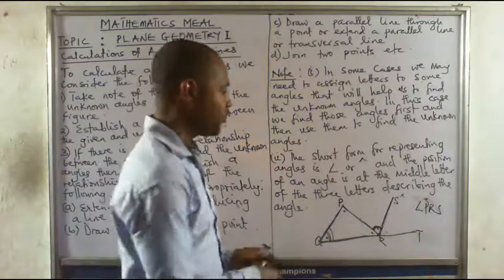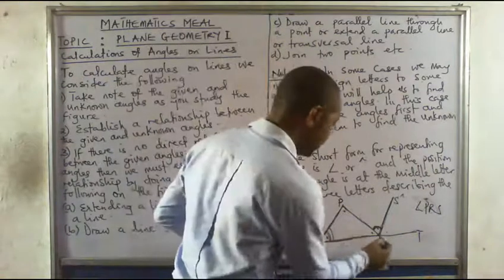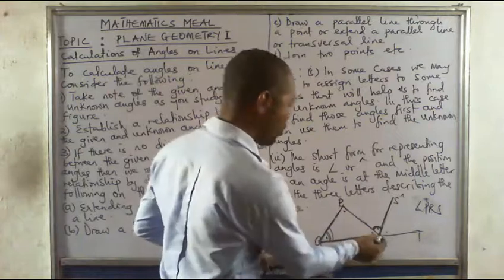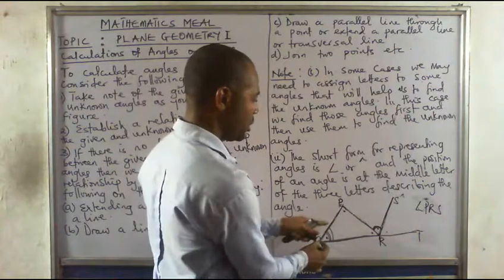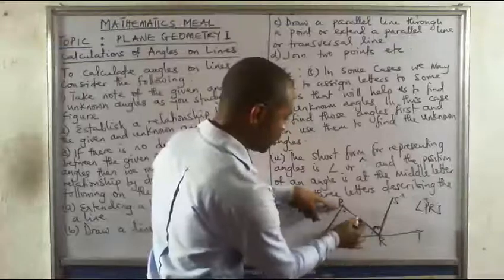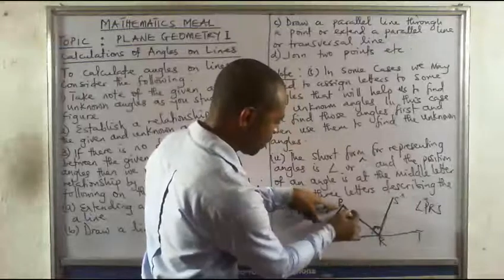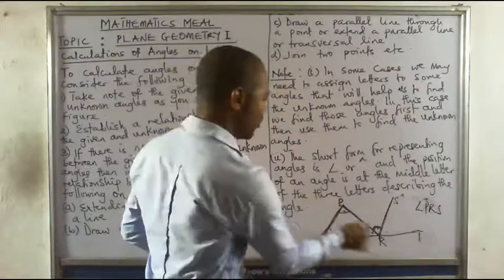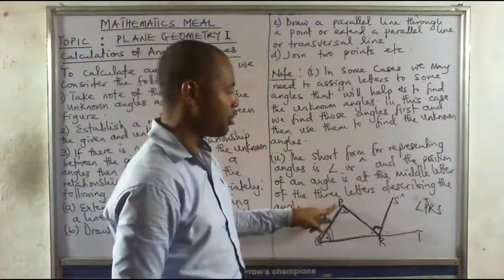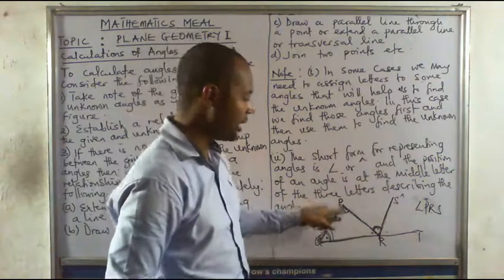So if I'm asked to find angle PRQ or angle RPQ. So angle RPQ. We go this way, that way, that way. So I'm talking about this. RPQ. The middle letter is P. That's where the angle is located. But we must know the lines that form this.